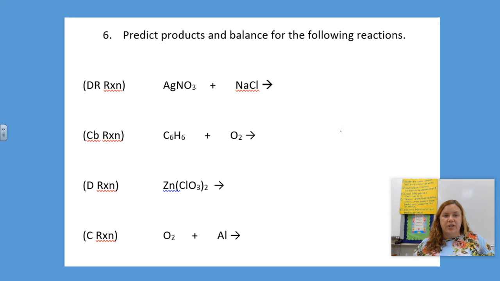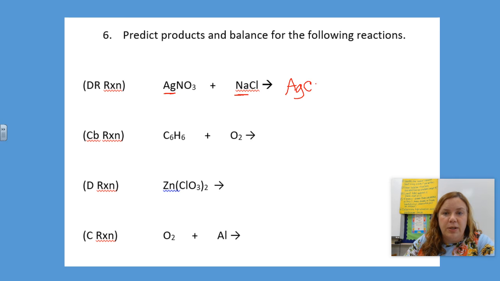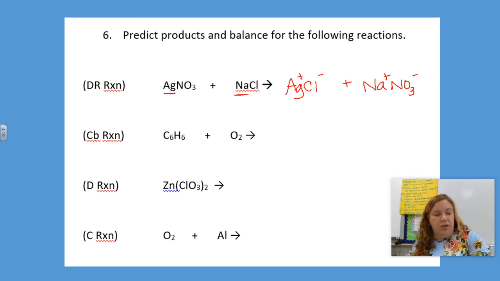So this first reaction is a double replacement reaction. And so we're just going to switch our metals. So let's put silver with chloride here. Remember, we don't take any baggage over, and silver always has a +1 charge, chlorine has a -1 charge. And we're going to put sodium with nitrate. And sodium has a +1 charge, nitrate has a -1 charge.